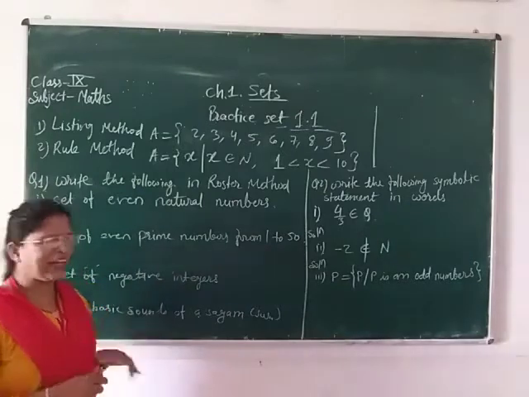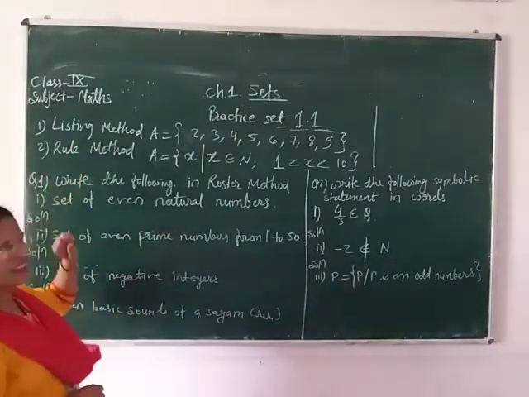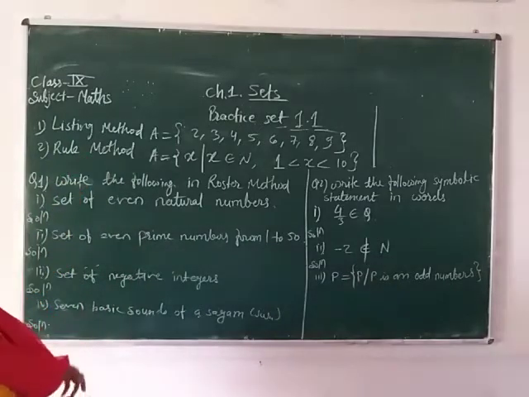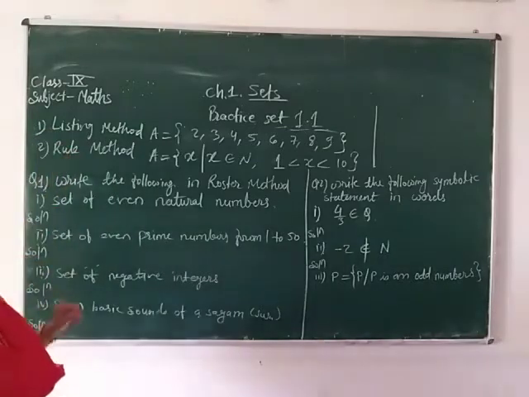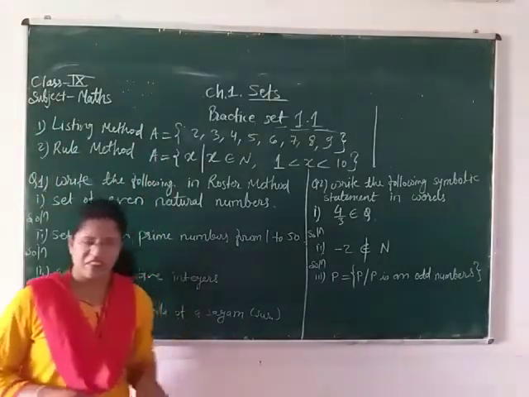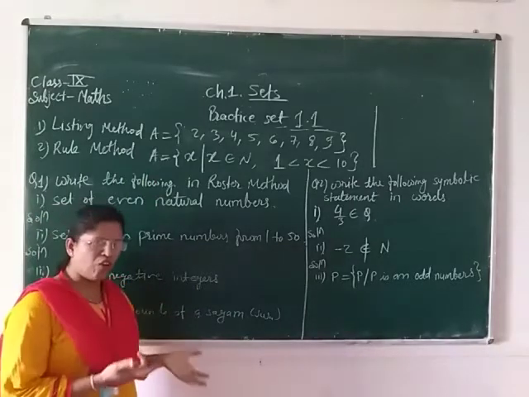Now, we had already explained the methods. There are two methods: the listing method and the rule method. In the listing method, if we have a list of things, we have to count them.